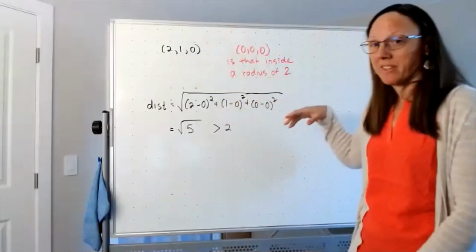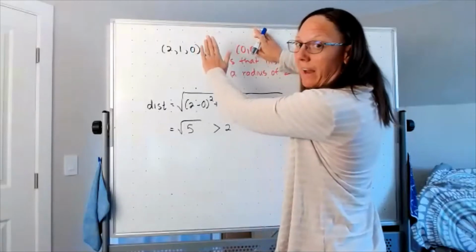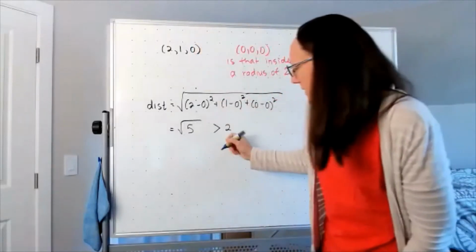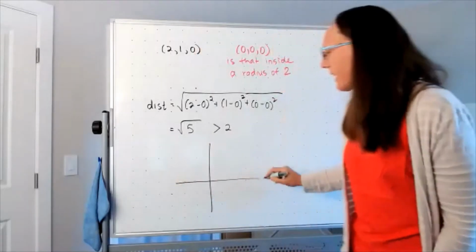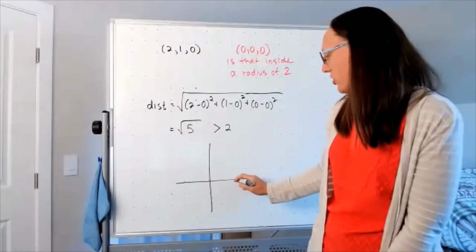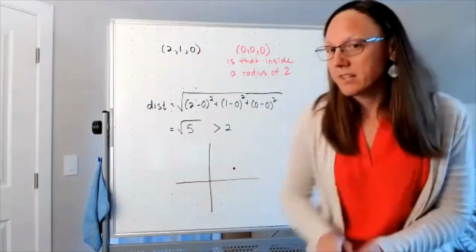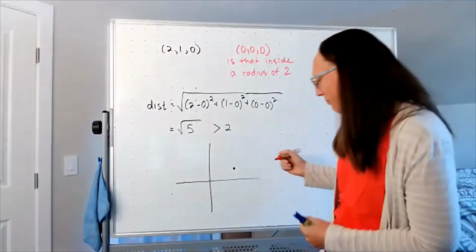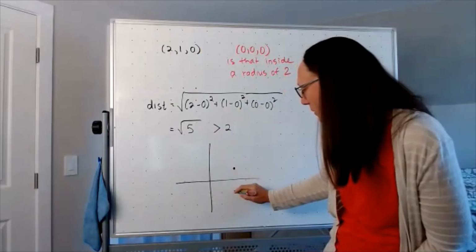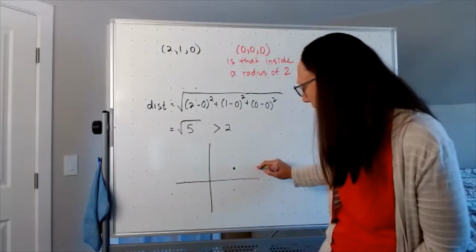Now, if we chopped this down and ignored the z components because they're both 0 anyway, then it's easier for me to draw. So if we ignore the z components for a second, this says that we've got this vaccine living over here at 2, 1, and we're drawing a circle with a radius of 2 around that.